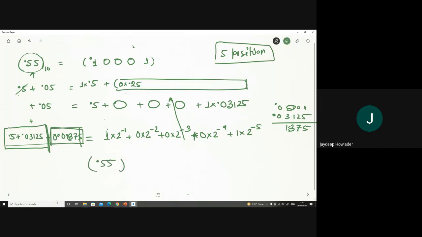If we represent these things in binary, which is 0.10001 in binary. But this is not the true one. We have basically approximated the value.